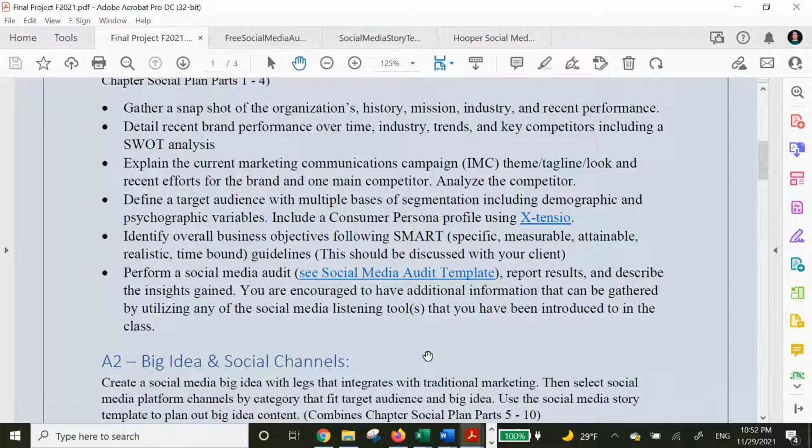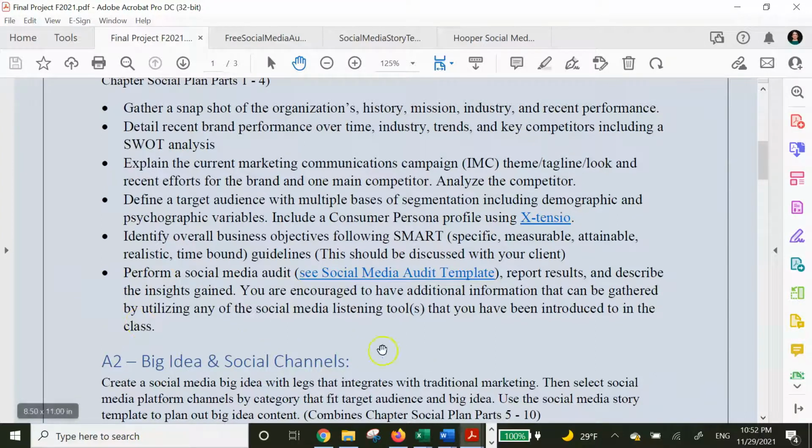So probably your first question is, how are we going to be able to do this? Do we have the human resources? Do we have the money, the time? So be smart about what business objectives you will be setting.